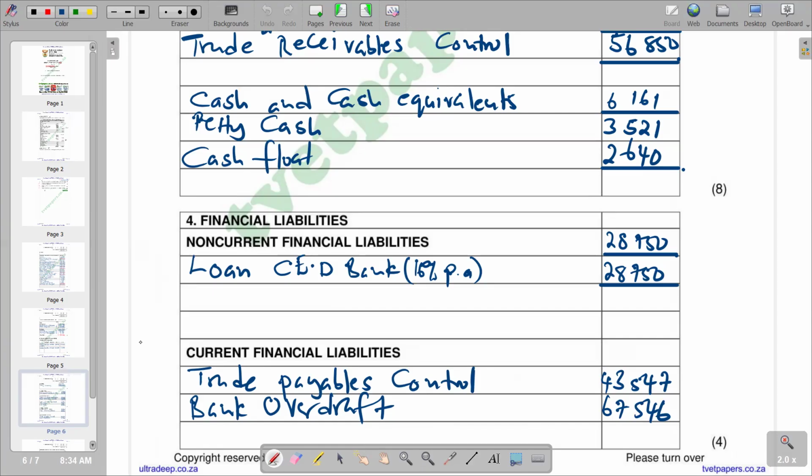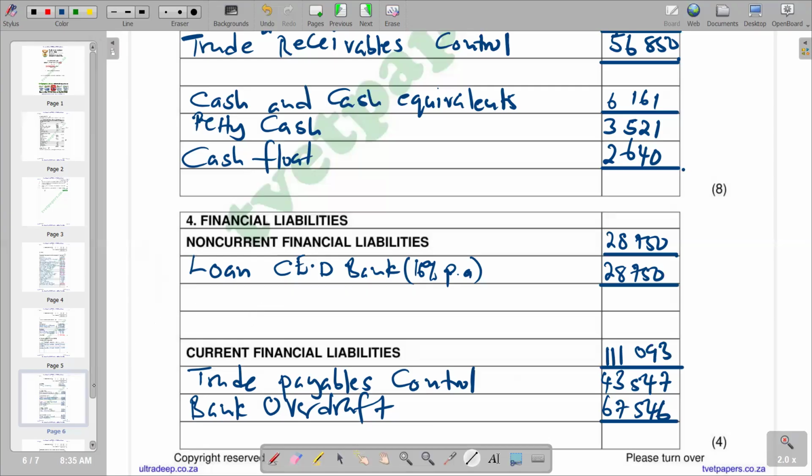We are going to get 111,093. And obviously, we need to close it. So those are the current financial liabilities.